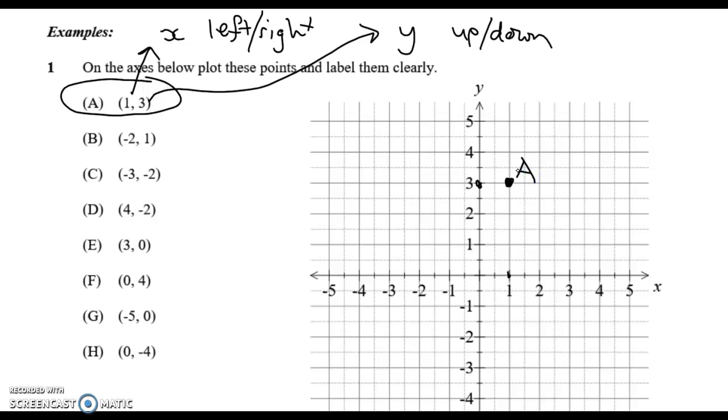Let's look at the next one, (-2, 1). Minus 2 is our x, and then our y, so minus 2 on the x is here, 1 on the y is there, so this must be the point B. I don't know if you ever played the game Battleships, but it's a bit like that.